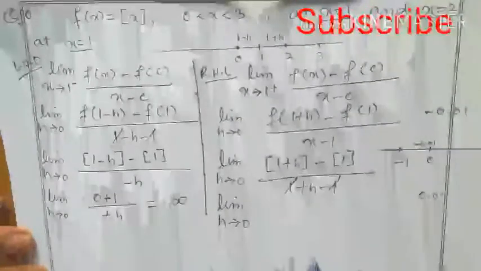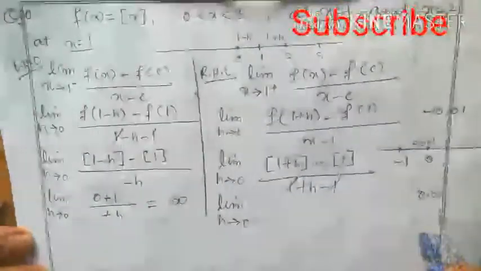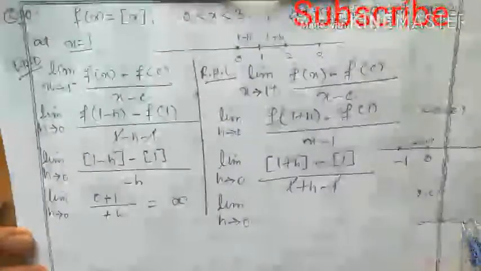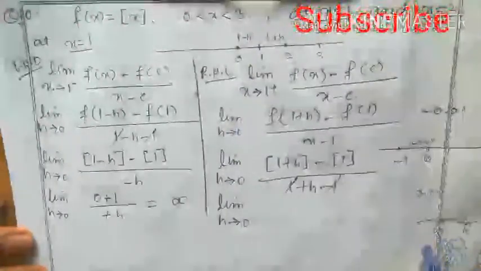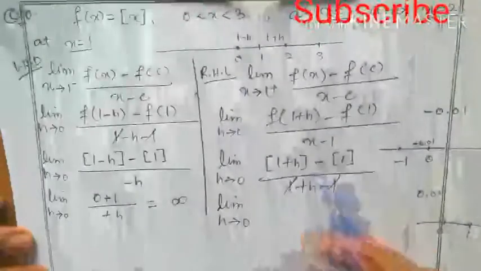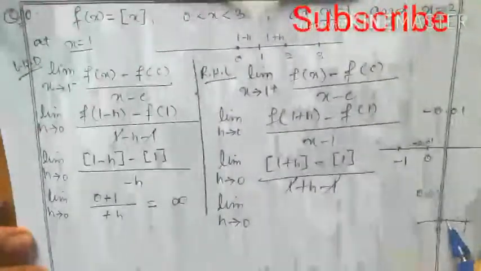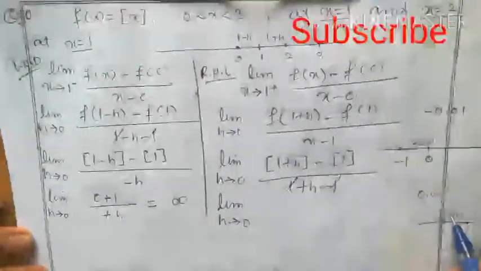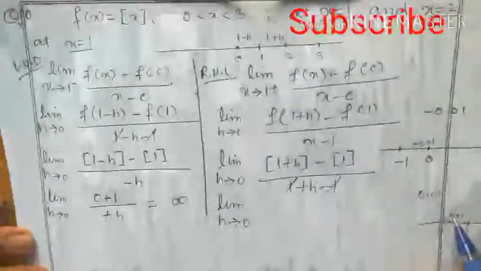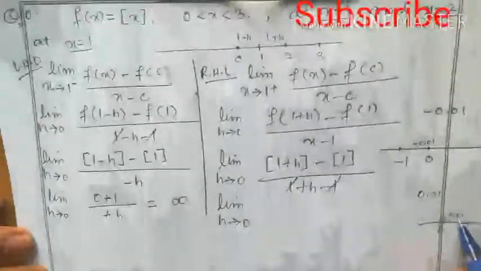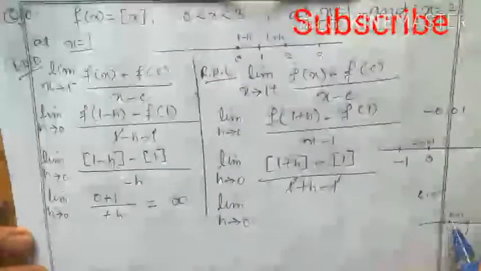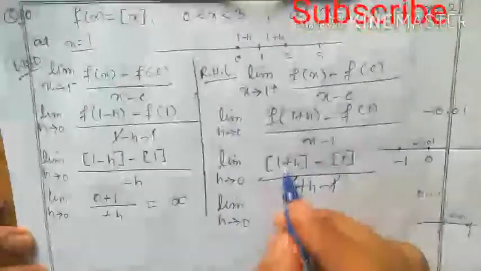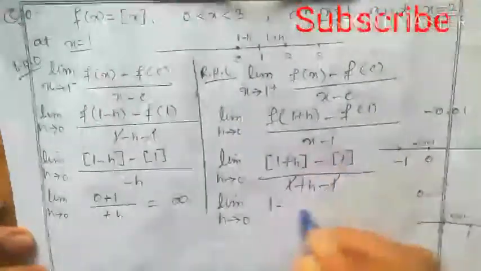So limit h tends to 0. F of 1 plus h. F of 1 plus h is greatest integer function of 1 plus h, minus f of 1 which is 1. So in place of x is 1 plus h minus 1. So limit h tends to 0. So 1 plus h, 1 plus some little quantity.